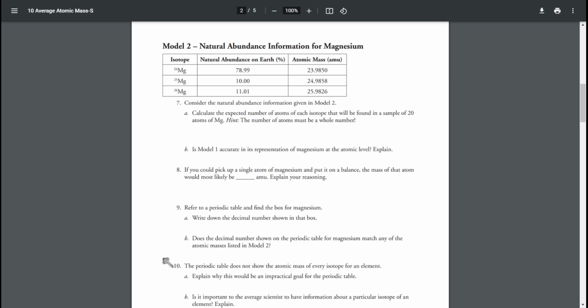And so if you could pick up a single atom of magnesium and put it on a balance, the mass of that atom would most likely be, and then explain your reasoning.